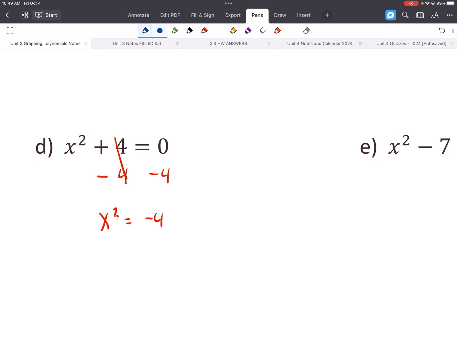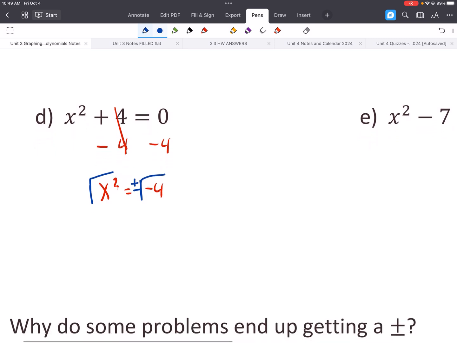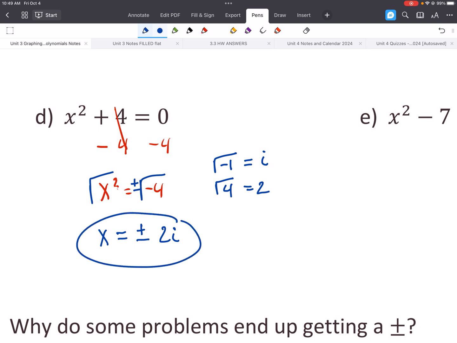And then to get x by itself, we would square root both sides. Again, just a reminder, when we square root both sides, we end up getting plus or minus. So we'll get x equals plus or minus. Again, the square root of a negative is an i, and the square root of 4 is 2. So we would get 2i. And those would be our two solutions.